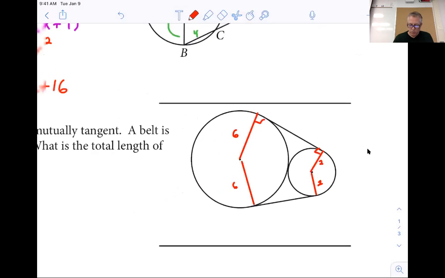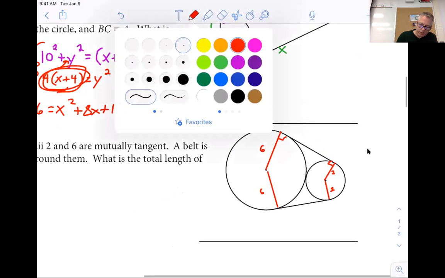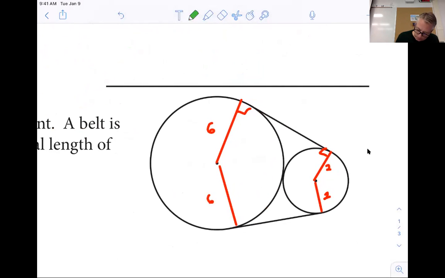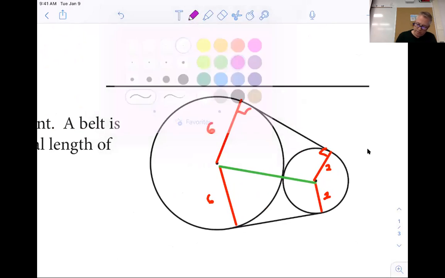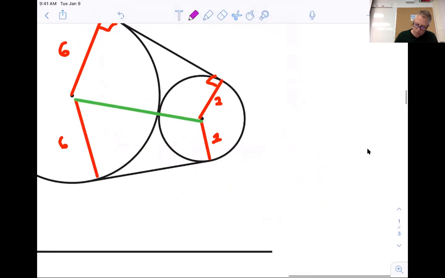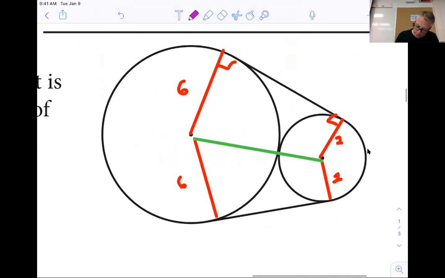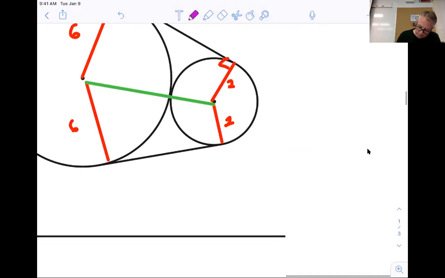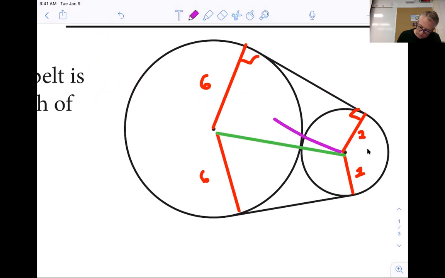So I'm just going to give you one big hint here, because a lot of times the problem is tried this way. But one thing that is imperative in solving this problem is making this top part into a rectangle. It's supposed to be parallel to that top line. Sorry, guys.